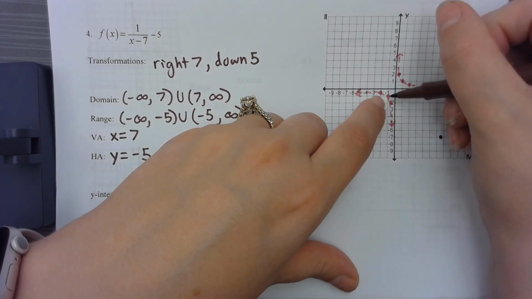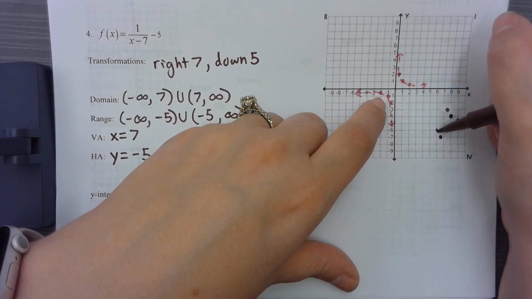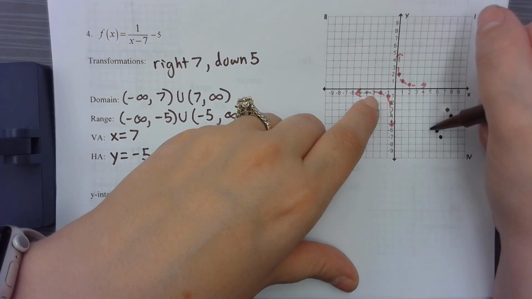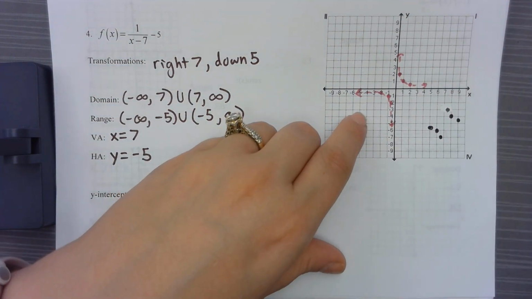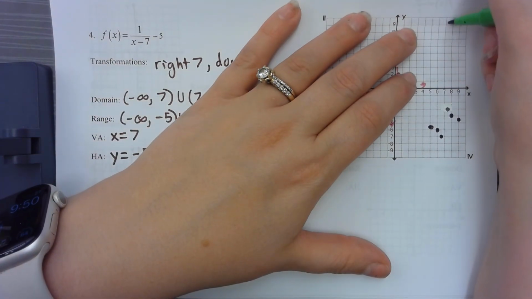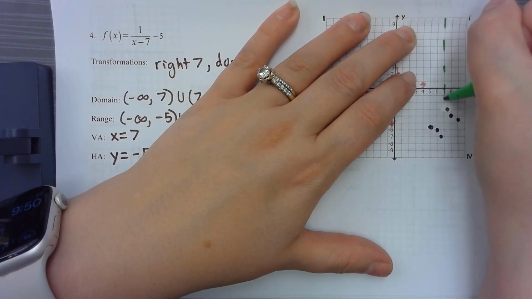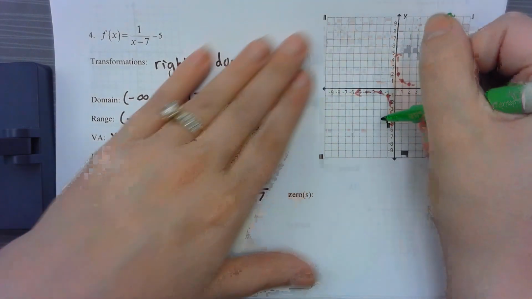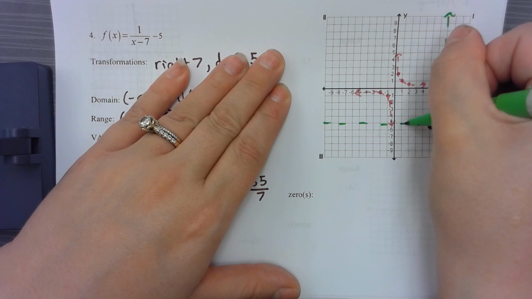Okay. Right 7, down 5. That one's a little easier. And then right 7 down 5 would be here. And then again, we want to draw those asymptotes. So we have an asymptote at 7 that we don't want to cross, and an asymptote at -5 that we also don't want to cross.